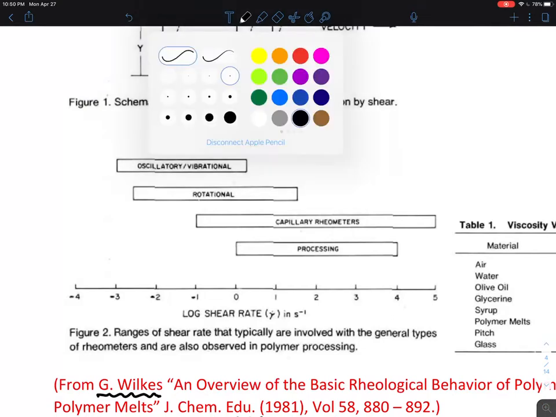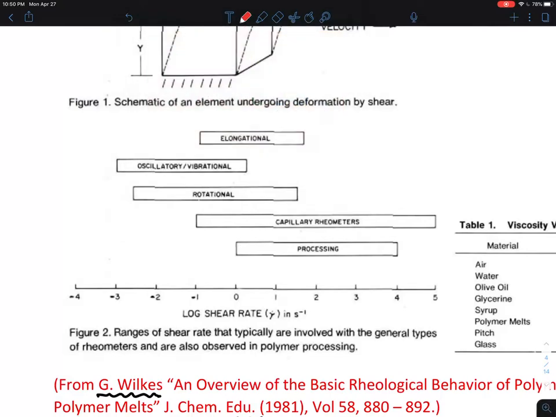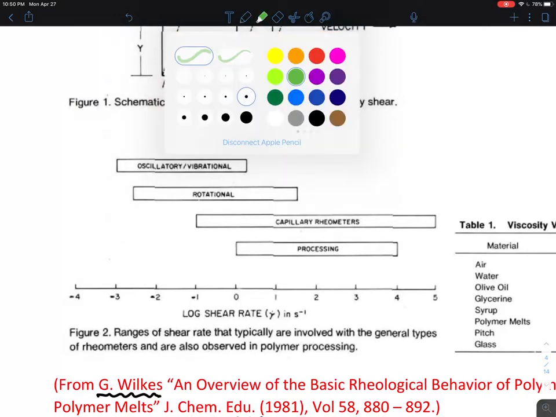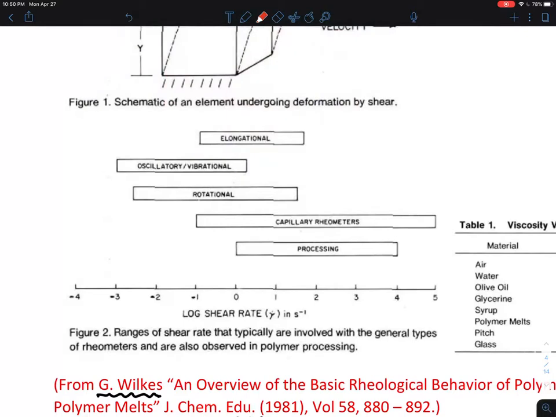And this rheology is very important, and understanding the viscoelasticity is very important. But one of the most important reference points is this. What is processing? We are doing injection molding and do a lot of processing of the polymer melt, and that shear rate is related to about this much. Okay, so that's in the log scale.